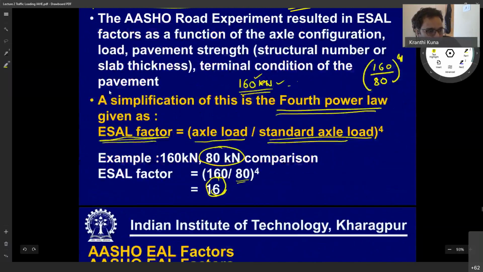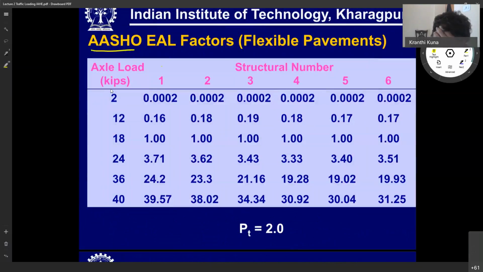How did they come up with this? They constructed pavements with different thicknesses, which for now you can remember is the same as structural number.